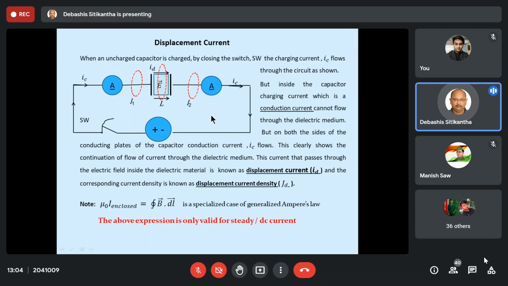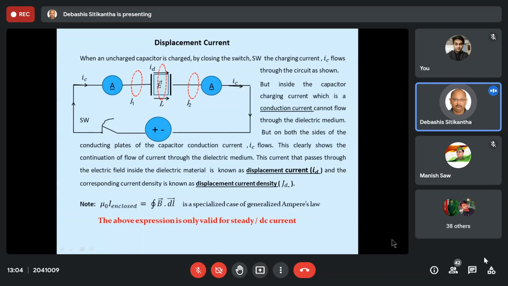But this charging current is not a steady current, even though it is a DC current. DC currents are of multiple types. They may be rectified DC, sawtooth waves, or square waves. If the current is not changing polarity, then it is known as a DC current, but it may be time varying in nature.